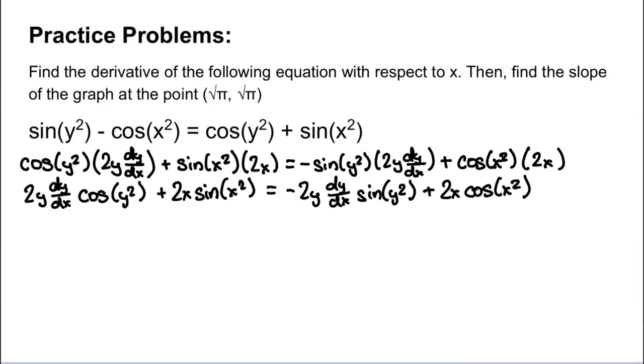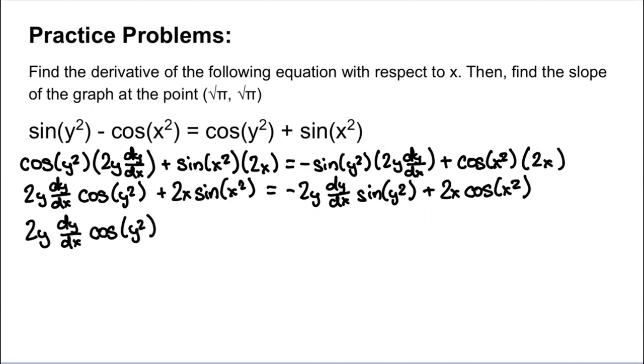And so now we want to isolate our dy dx's. We're going to get all of our dy dx terms on one side and everything else to the other. So my plan of attack here is to move this term with the dy dx over to the left-hand side and to move this term without the dy dx to the right. So we're going to keep this term unchanged, 2y dy dx cosine of y squared.